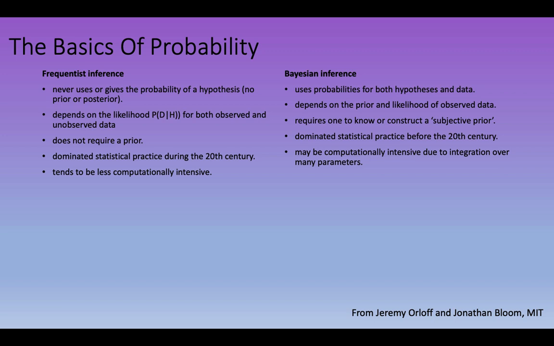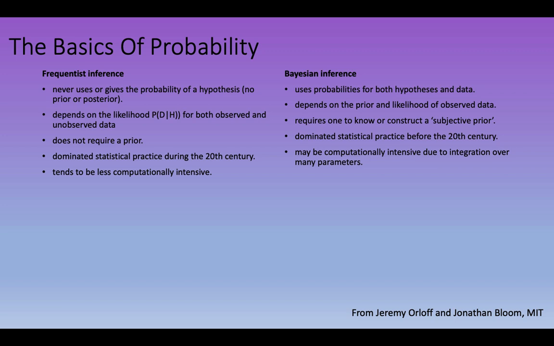So it's making a claim about things that you haven't observed, which some might say is more powerful and some might say is more biased. It doesn't require a prior, so you don't have to have any previous information about your system. It's been the dominant statistical practice for a while now, and it's not as computationally intensive as Bayesian approaches.